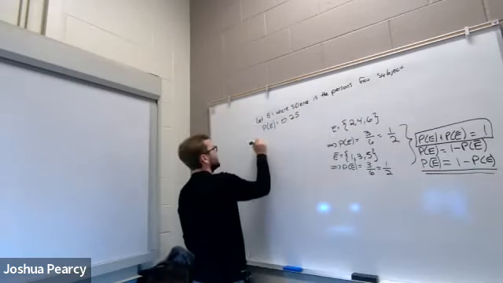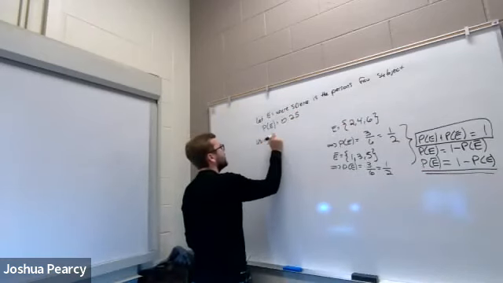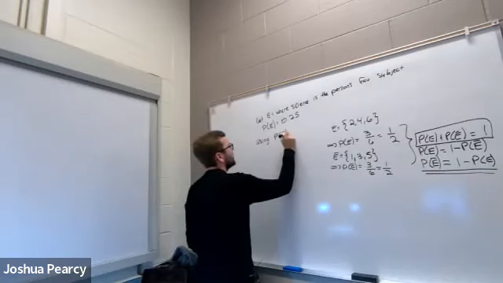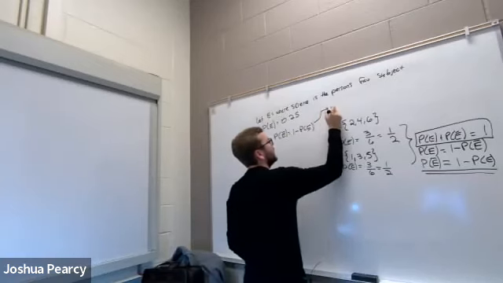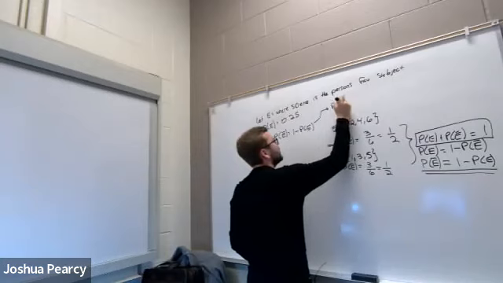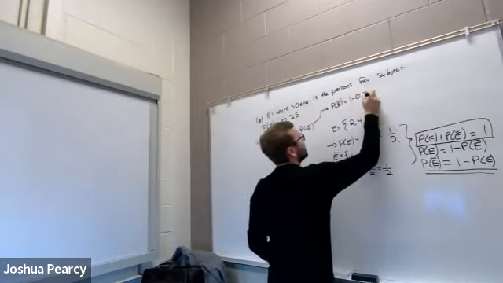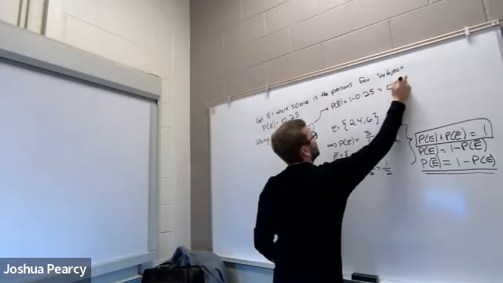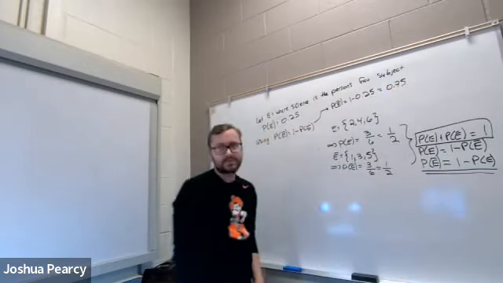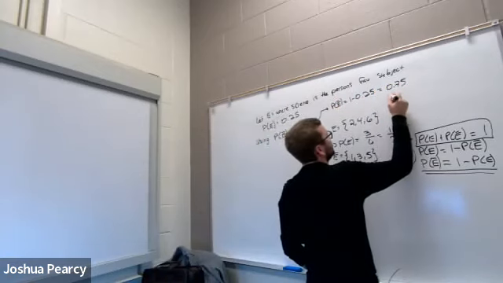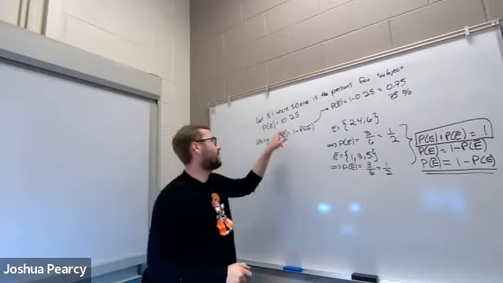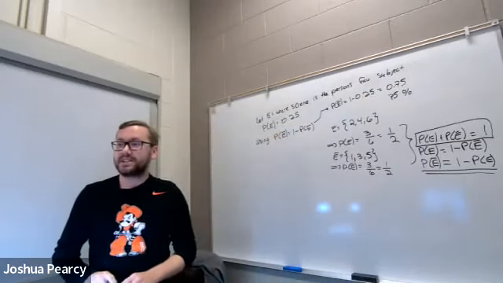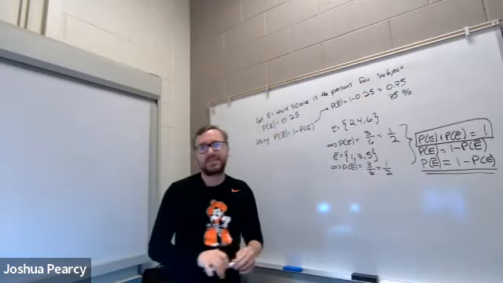Using the probability of E complement is 1 minus the probability of E, this implies the probability of E complement is 1 minus 0.25, which is 0.75, which is also what? 75%. So the probability that science was your favorite subject was 25%. Probability that it's not is just 100% minus 25% or 75%.